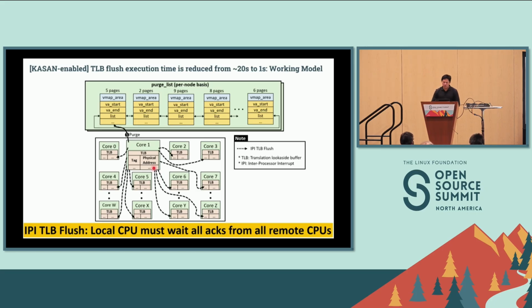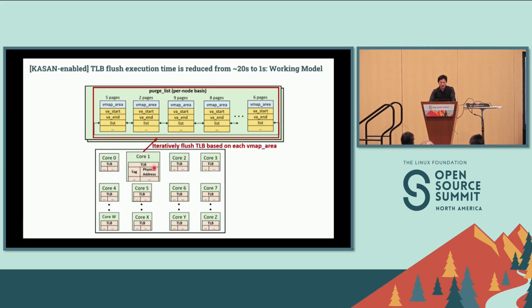However, the local CPU must wait for acknowledgements from all remote CPUs. Imagine that if your system has hundreds of cores, this operation might take a large amount of time to finish. So the local CPU iteratively performs the TLB flush operation for each single VA object in the purge list.